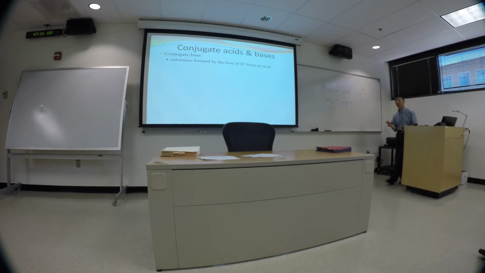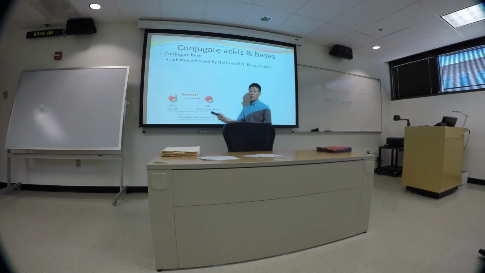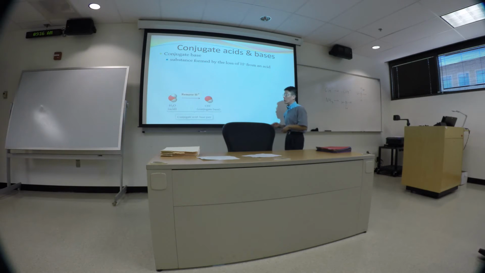If an acid gives out a proton, what's left is the conjugate base. For example, if you have water, removal of the hydrogen ion results in OH minus. OH minus is the conjugate base of the acid, water in this case.